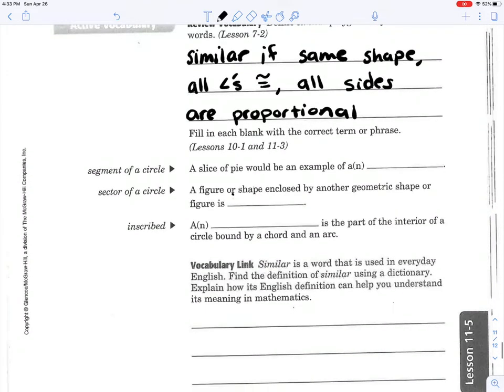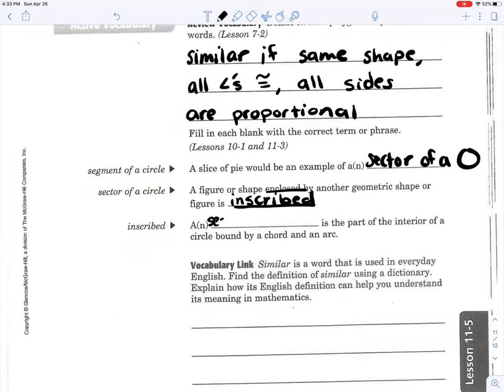Fill in each blank with the correct term or phrase. A slice of pie would be an example of a sector of a circle. A figure or shape enclosed by another geometric shape or figure is inscribed. So enclosed or inside describes the figure as inscribed.